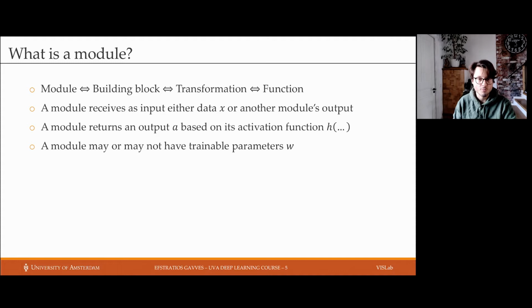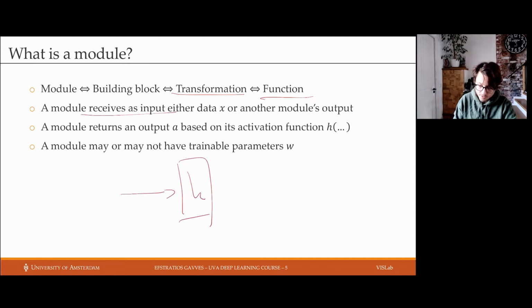It is a building block, as we just saw, with which we can build cascades. It's also a transformation, a mathematical function. So if this is our block, the module receives an input x here, and it returns an output y. And this x can be either our raw data, for instance our pixels, our words, or sounds.